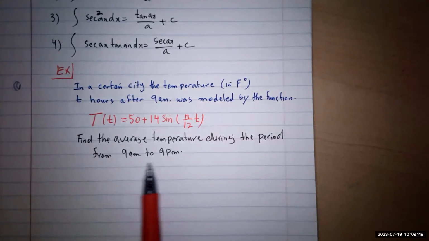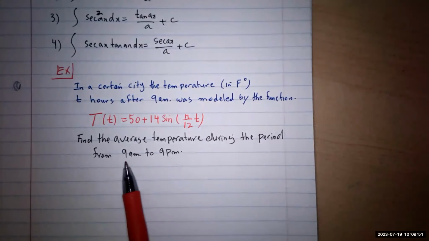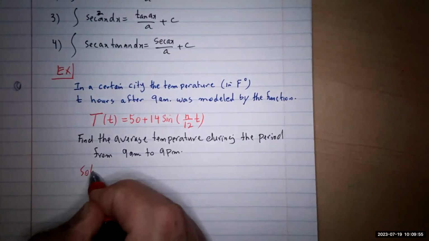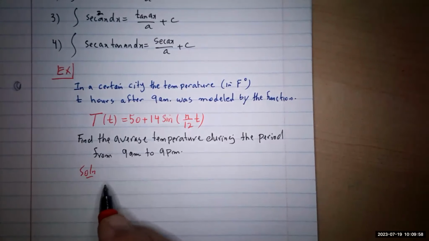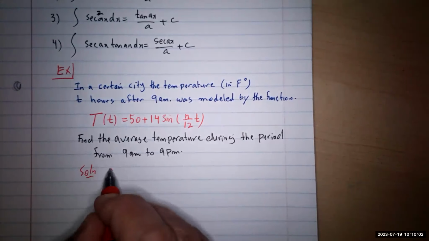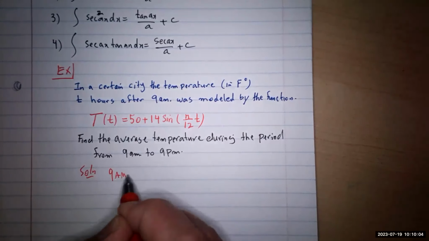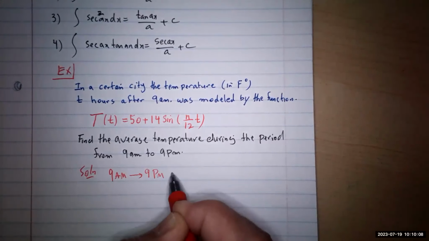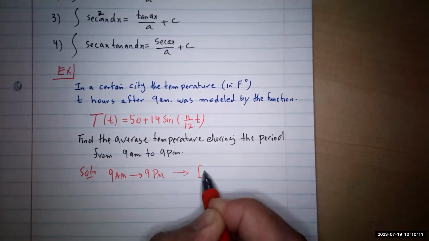Now, first thing to do, you have to find the interval that we talk about, from 9 a.m. to 9 p.m. You see, from 9 in the morning to 9 in the evening, it's 12 hours. So just remind yourself that 9 a.m. to 9 p.m. is equivalent to the interval of 0 to 12.